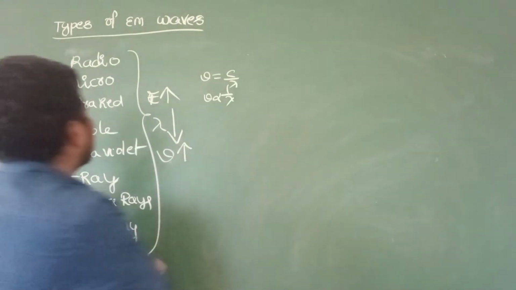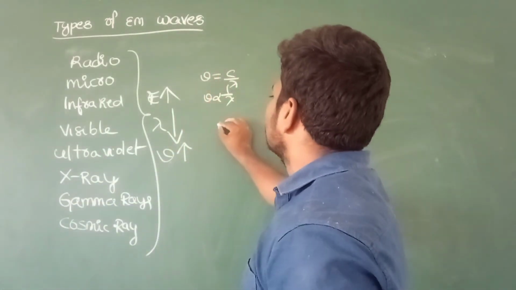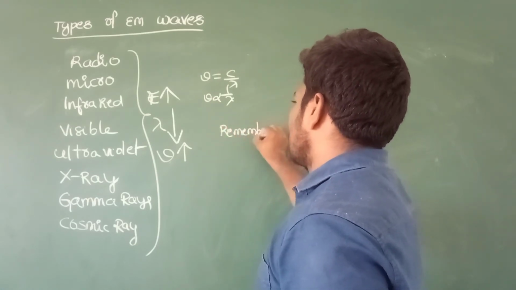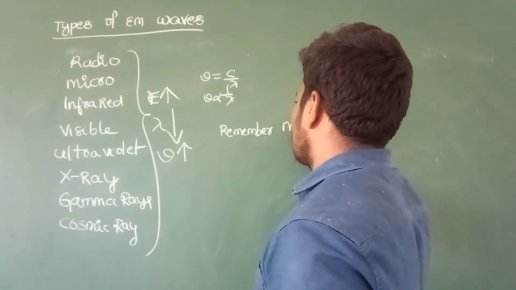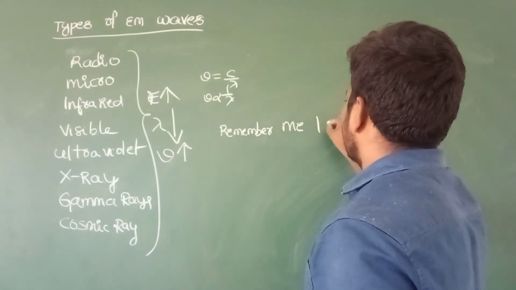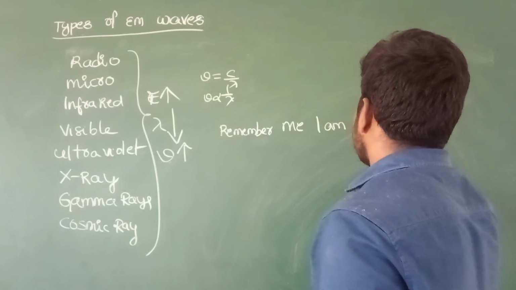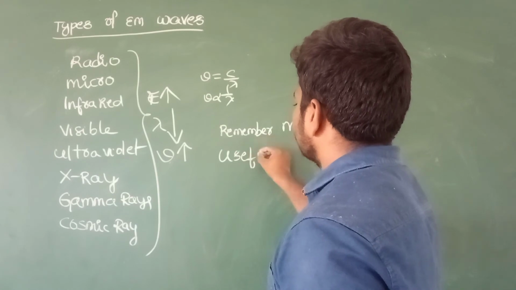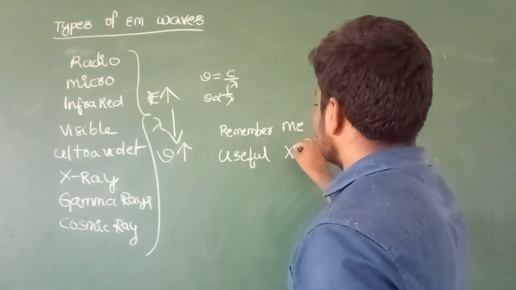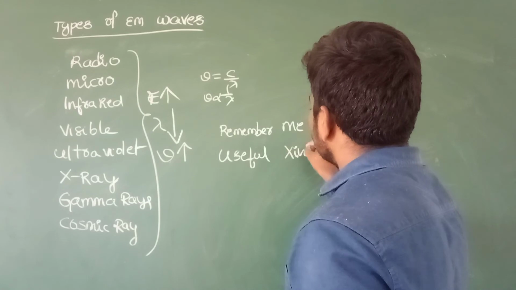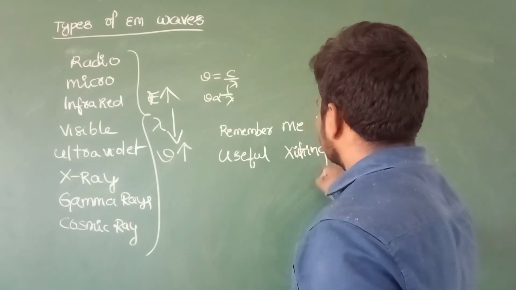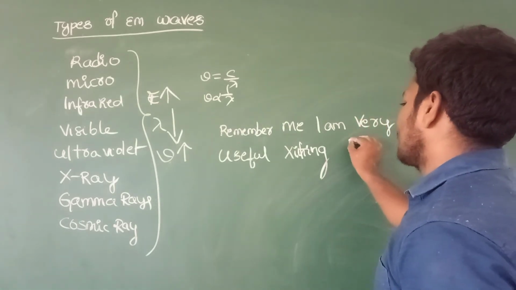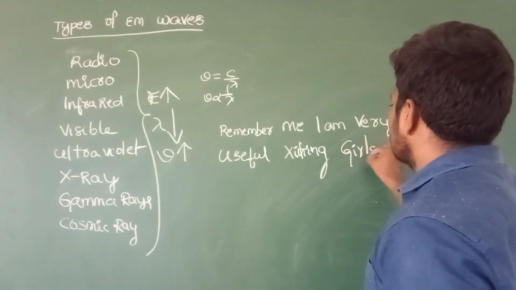If you want to remember this, go with this mnemonic. Just remember this statement: Remember me, I am very useful, exciting girls. In exciting, go with the spelling X; don't go with EX.